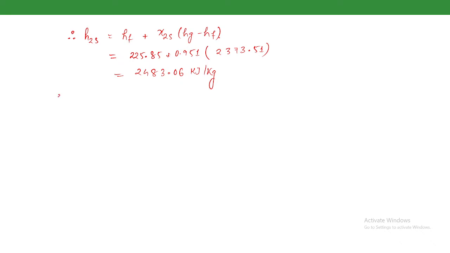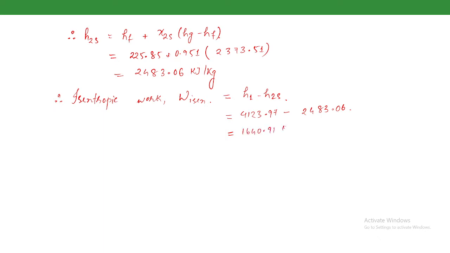So what is the isentropic work? Isentropic work is equal to H1 minus H2s, so this is 4123.97 minus 2483.06, which is 1640.91 kilojoule per kg.